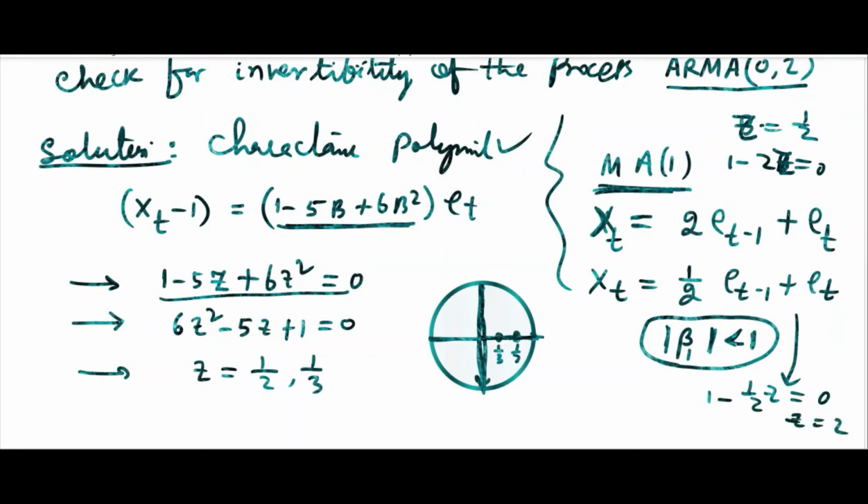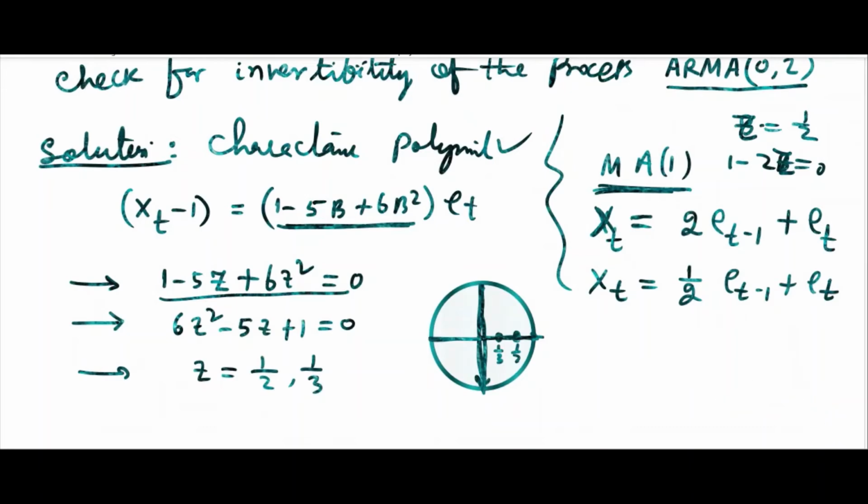So this is invertible. Instead of doing that, if it's MA1, directly you can check the coefficient. This is the condition I have written. If you want to use the general formula, you can do that. It's similar to AR1, so I have not written it formally here.